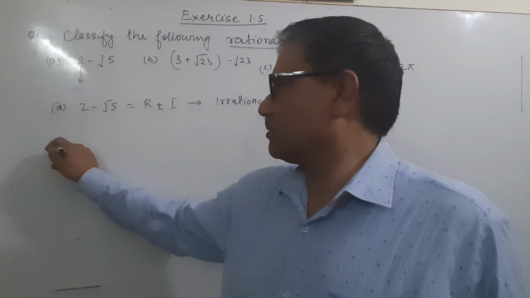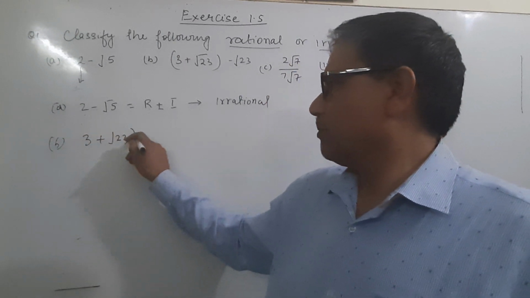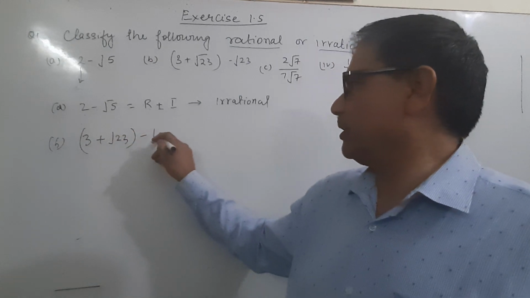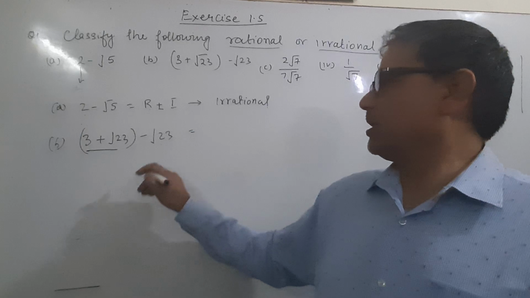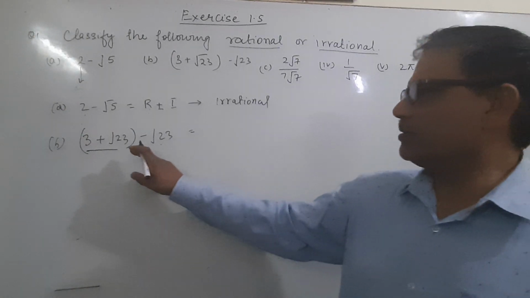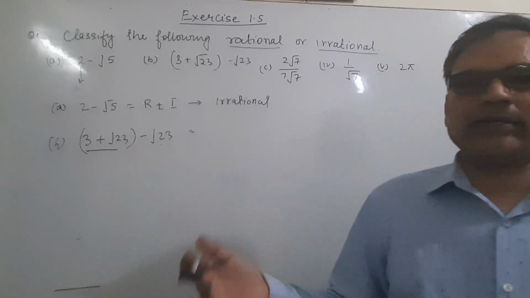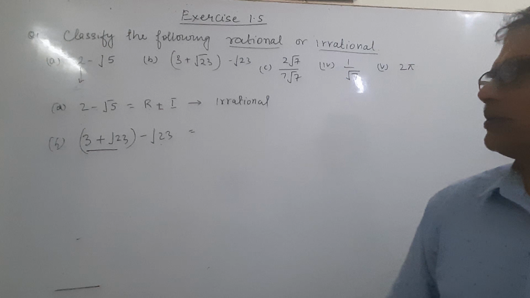The second part, 3 plus root 23 minus root 23. If you think this is irrational and this is irrational, we will think that it is an irrational number, but it is not actually irrational.